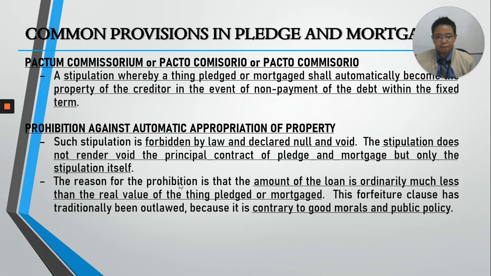What else? The reason for the prohibition is usually yung loaned amount is mas maliit kaysa dun sa value ng thing pledge or mortgage. So, kaya ka nga nagsasangla, kaya ka nga nagpautang kung ikaw yung creditor, kasi yung value ng kanyang security is more than the amount of the loan.